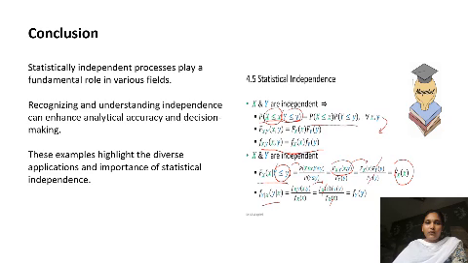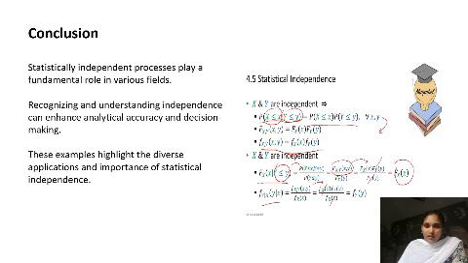F of x, y equals Fx of x into Fy of y. Then X and Y are independent.